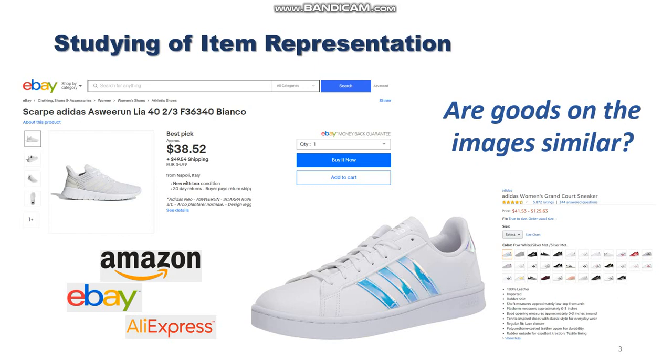On the slide, you can see some examples of item representation. You can see sneakers of Adidas from the eBay side, and these images are very similar, but not all. So we try to answer this question: are the goods in these images similar or not, based on the text information of these items?